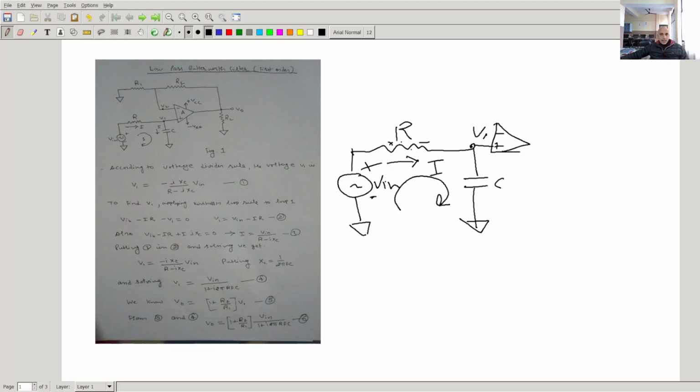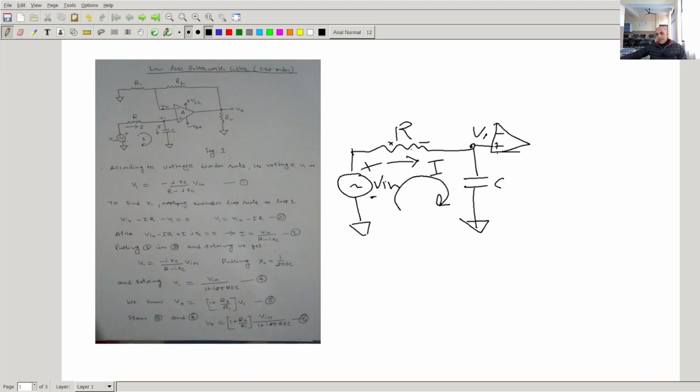So Vin minus IR minus V1 is equal to 0. Now we are measuring this voltage with respect to ground. This is the complete loop, right? We are assuming here that nearly zero current is flowing into this input of the operational amplifier, because we know that in the case of operational amplifiers, the input impedance is very, very high.